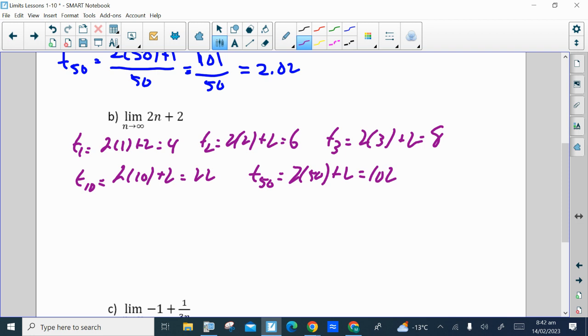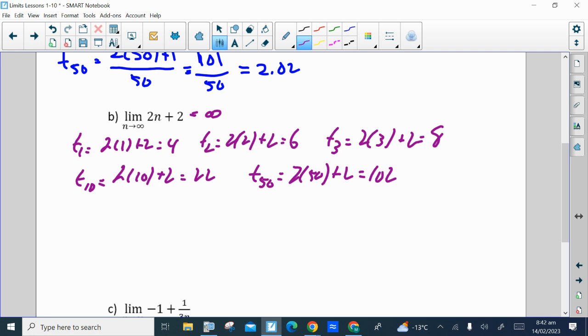So in this case, we would say that it would approach positive infinity. But it's not really approaching a value, because the value of the expression is going up at a constant rate.